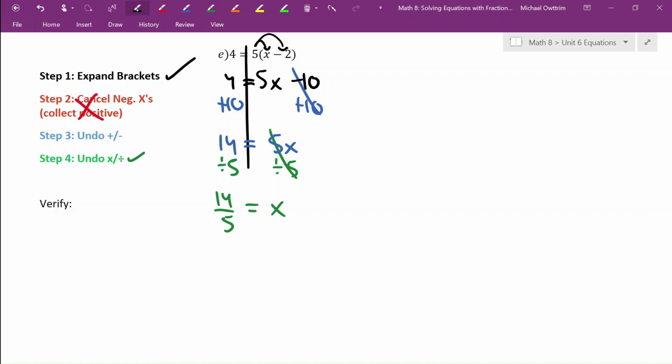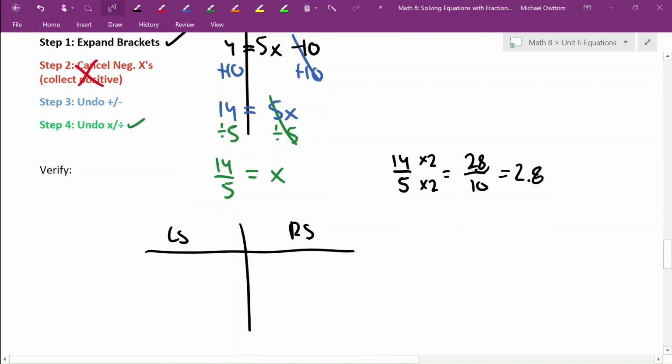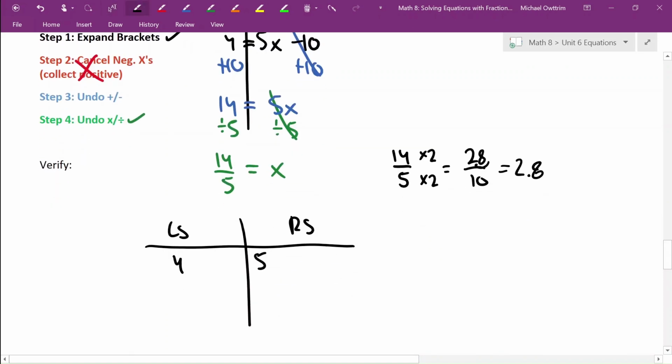Again, we could convert that to a decimal. 14 over 5, we can make a place value bottom, which is 28 over 10. Dividing something by 10 moves its dot 1 time, so this is the decimal 2.8. Okay, let's verify our left side and our right side. The original left side was just 4. The original right side was 5 times x subtract 2.